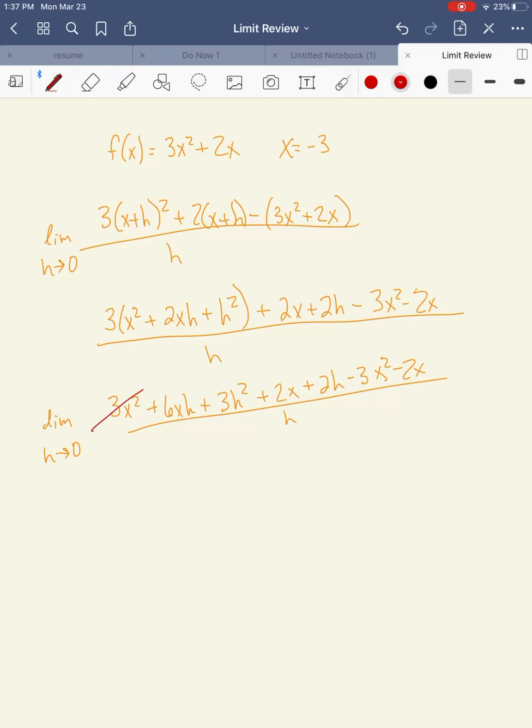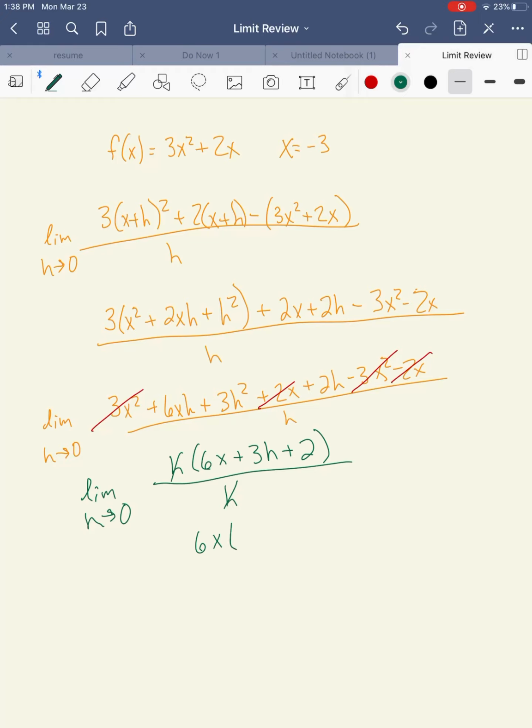That would be 3x squared minus 3x squared, 2x minus 2x, and then the rest have h. So we're going to factor out an h, which leaves us 6x plus 3h plus 2 all over h. And we're taking the limit as h approaches 0. We can cancel out the h, and let h be 0.